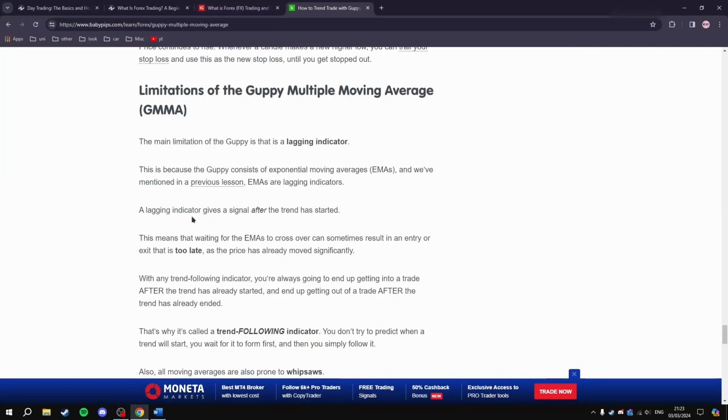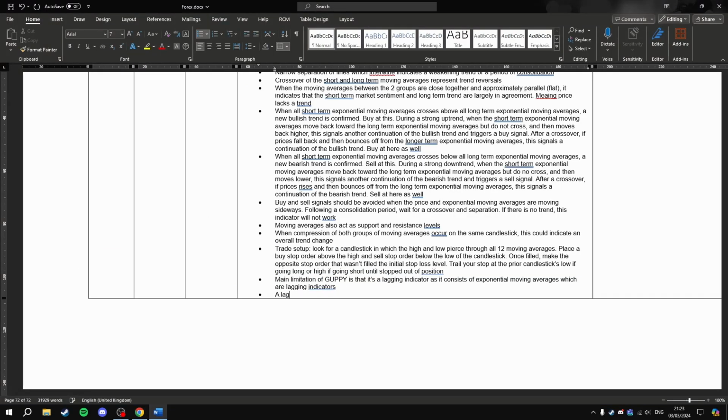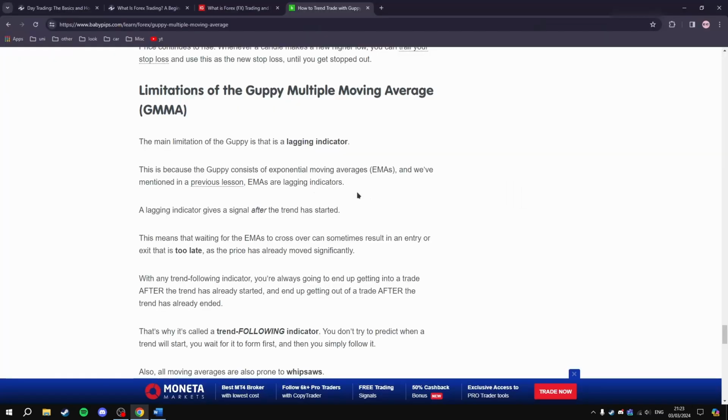A lagging indicator gives the signal after the trend has started.